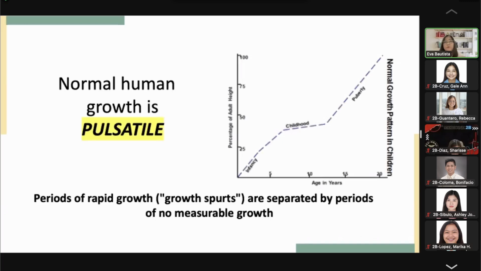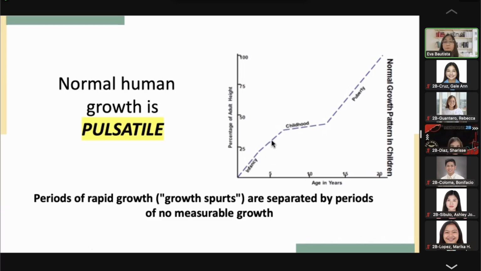So let's look at the patterns of growth. Normal human growth is pulsatile. There are periods of rapid growth, and we call those growth spurts. And there are periods where there is no measurable growth, or a very minimal growth rate.